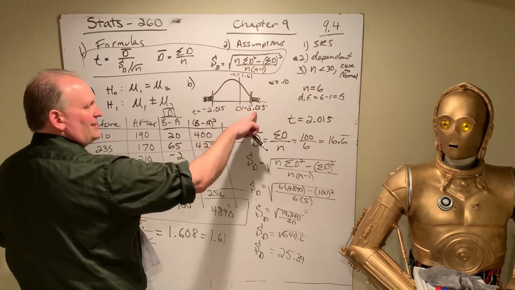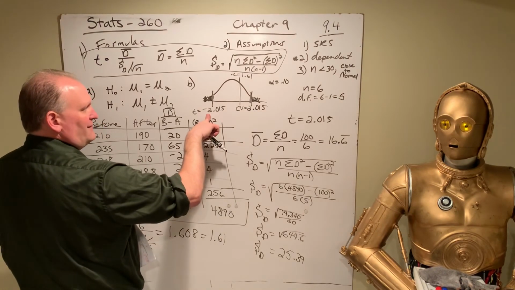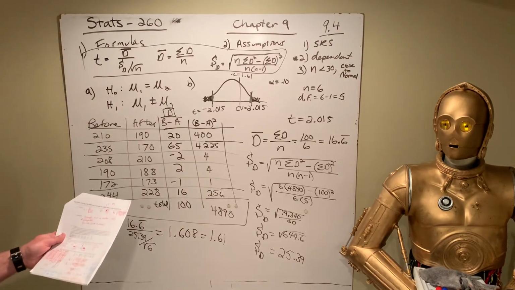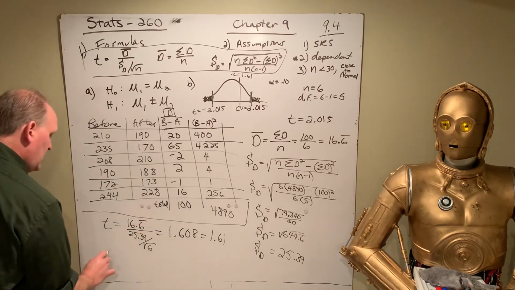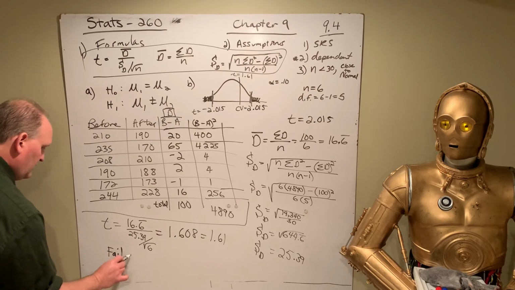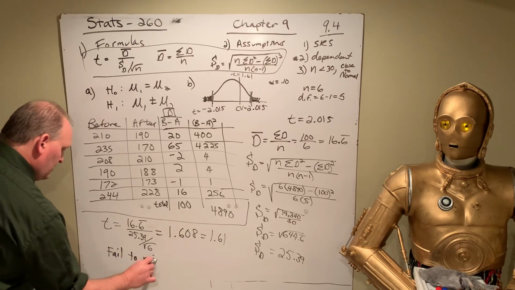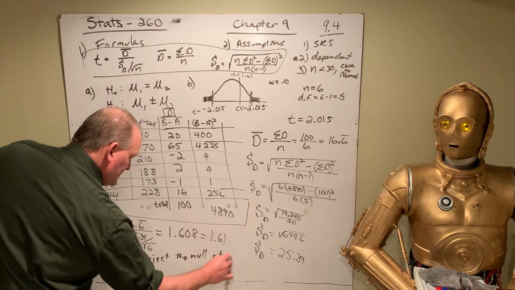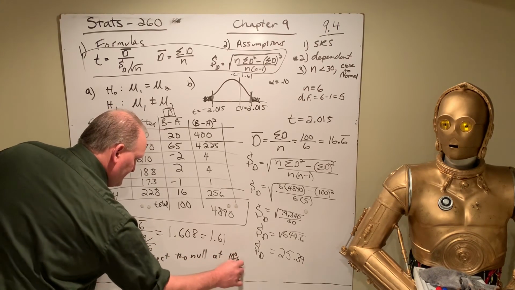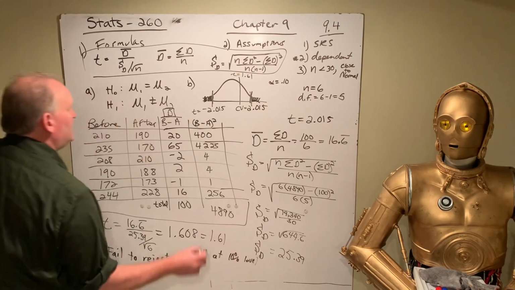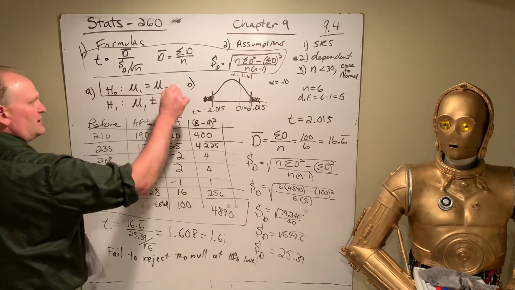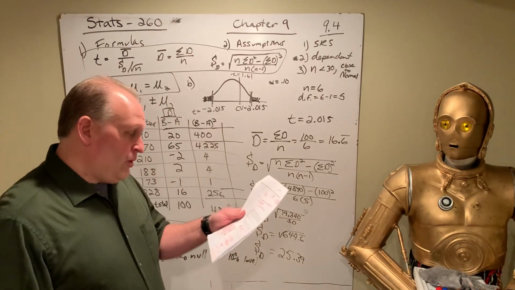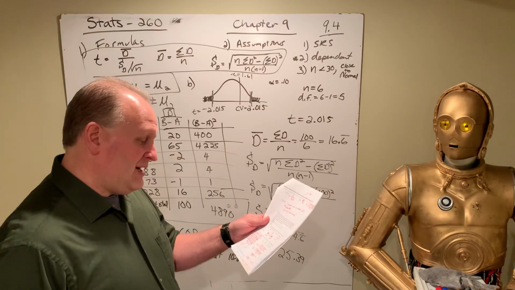We needed to have it exceed 2 or be less than negative 2 to be significant at the 10% level. And 10% was actually kind of high. So we failed to reject the null at the 10% level. That means if we're failing to reject, this is our conclusion. We conclude that the mean before and the mean after are basically the same.